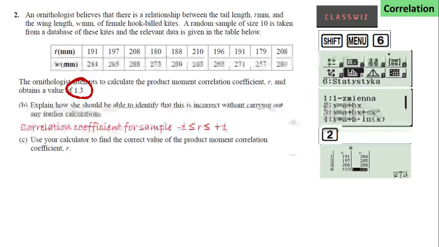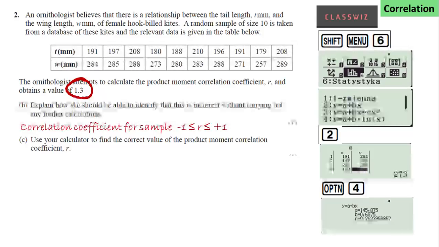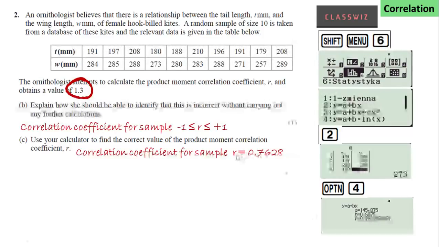Then I enter the pairs of values, x and y, x being the independent variable, y being the response variable, and I can use the arrow keys to enter the data. I choose Option and then press 4, and I get the data that I require. So here it shows me that the correlation coefficient r is 0.7628.